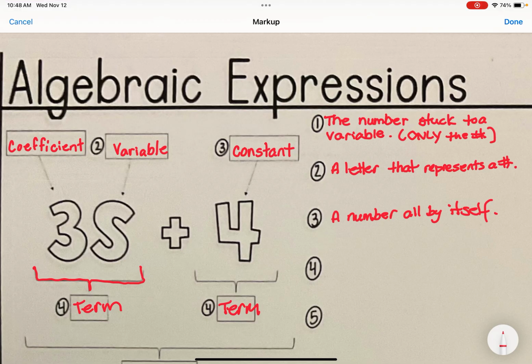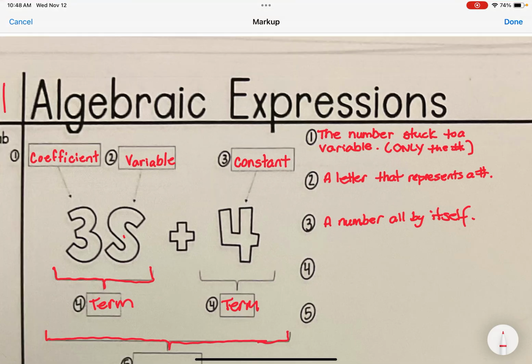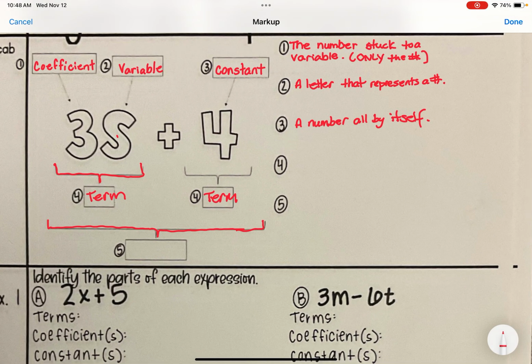And the 3s, the 3 is a coefficient, the s is a variable, but together the 3s is a term in this expression. And the entire thing all together, we call this whole thing the algebraic expression, just like it says at the top.